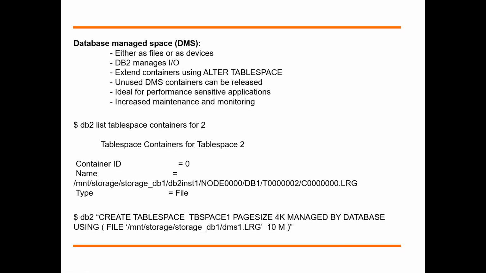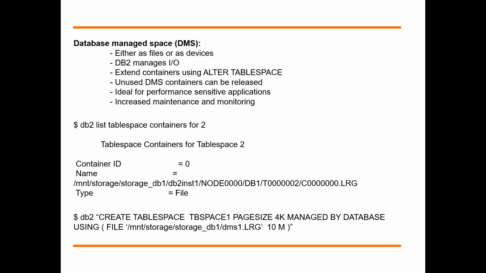The database managed is very easy. Like I said, your DB does not depend upon any mediator, right? So here instead of directories, you either specify file or raw devices if your OS supports. DB2 manages the input output IO. You can extend containers using alter table space. You have more control.